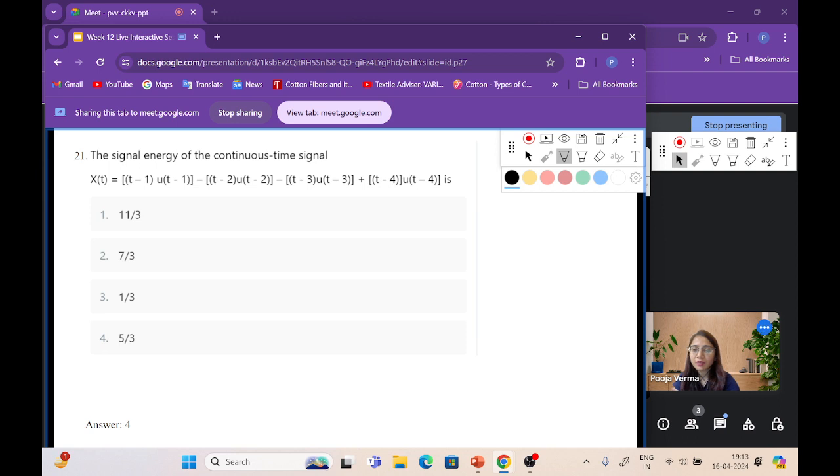Then we need to find the energy of that signal. How can we find it? So already we know that energy of any signal is represented by the integral from minus infinity to infinity of x square t dt, right?